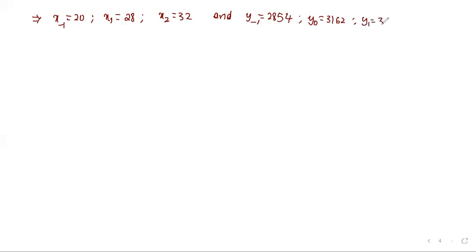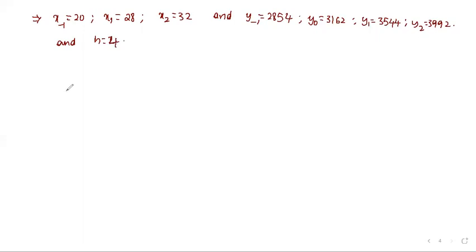That implies x minus 1 is equal to 20, x1 is equal to 28, and x2 is equal to 32. And similarly, we can take the values. Y minus 1 is equal to 2854, y0 is equal to 3162, y1 is equal to 3544, and y2 is equal to 3992. And the interval of differencing h is equal to 4.